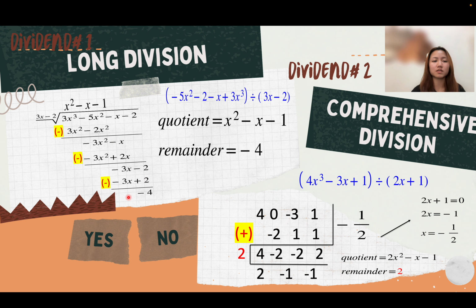So the remainder is -4, and this one is the quotient. So at the end, once you solve it, you need to write what the quotient is and what the remainder is. And if you use this one, here we change the side here. It means you need to do it again.